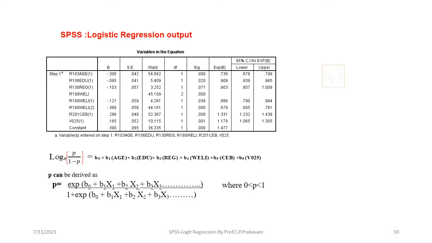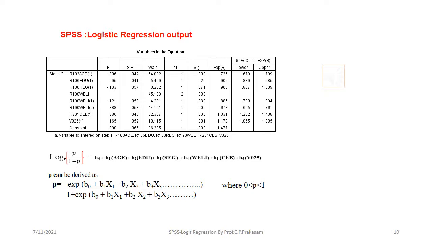Down below you can see the model equation, that is log p by 1 minus p base e equals b0 plus b1 age plus b2 education plus b3 religion, b4 wealth index, b5 CEB plus b6 V02.